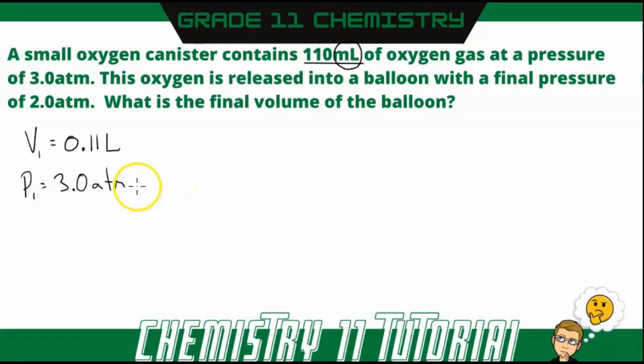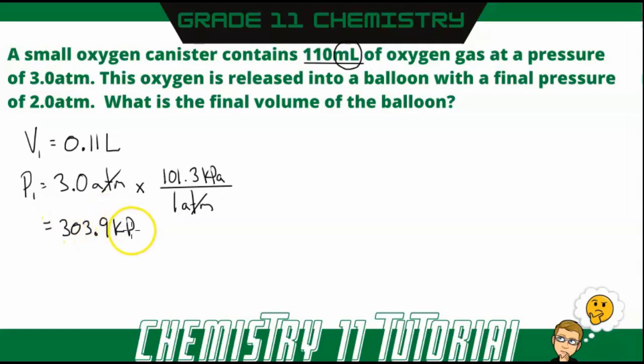To do that, we multiply by the ratio of 101.3 kilopascals for every 1 atmosphere. When I write it this way, we see atmospheres cancel because we have 1 on the numerator and 1 in the denominator, and we are left with our pressure in kilopascals, which is 303.9 kPa.